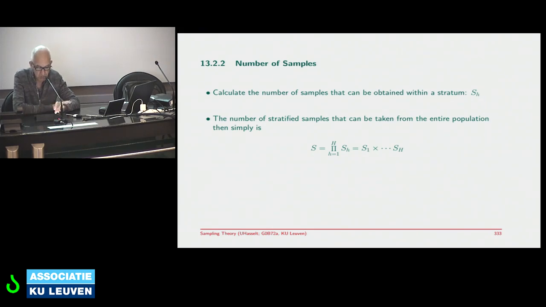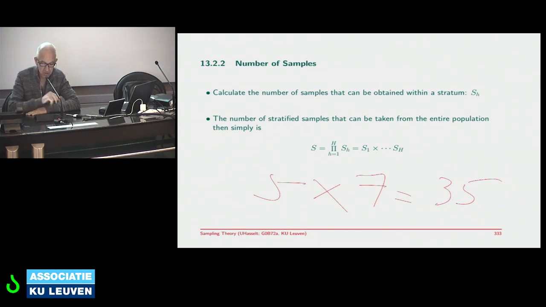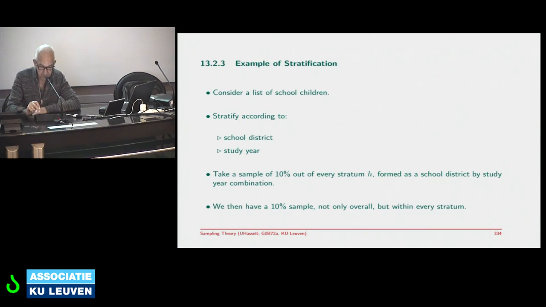If in stratum 1 you can take 5 samples, I'm just making up the numbers, in stratum 2, 7, then you have altogether 35 possible samples, because every one of the 5 samples in stratum 1 can be combined with every one of the 7 samples from stratum 2. And these are 2 different samples because strata have to be disjoint, nothing in the intersection, which means you simply multiply.